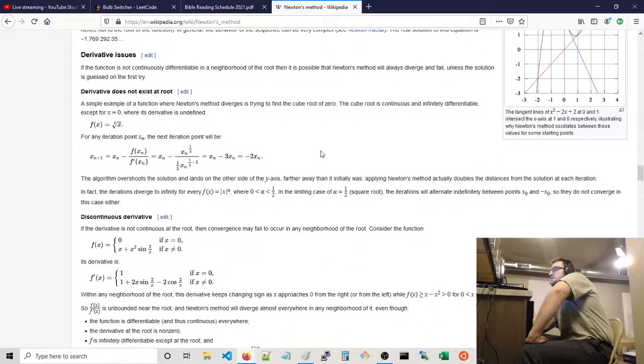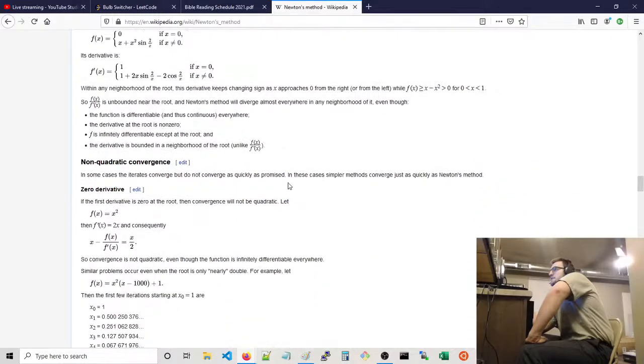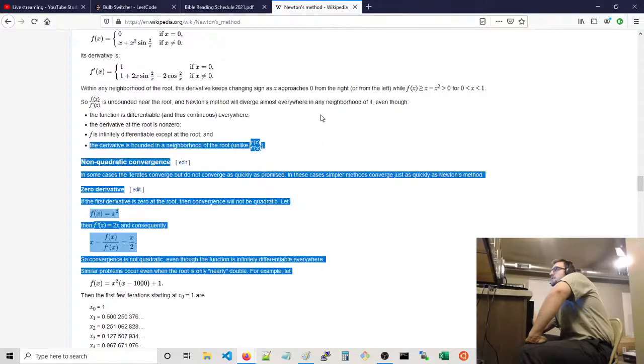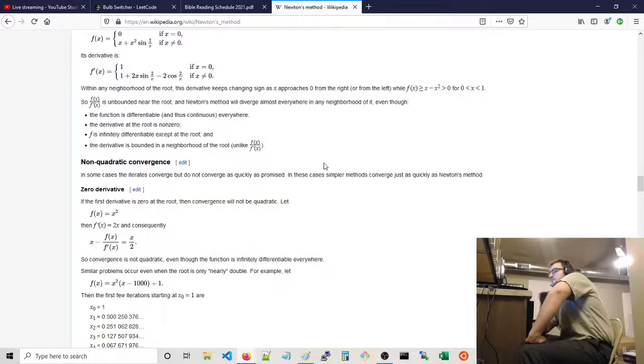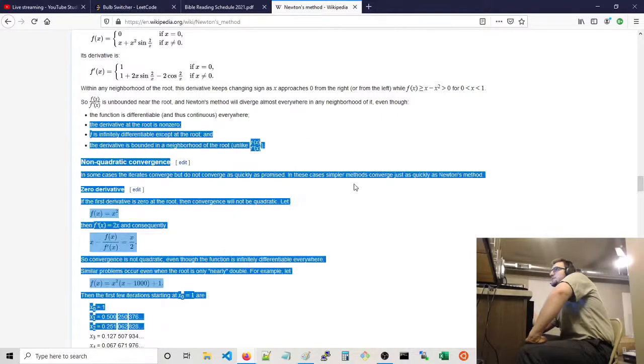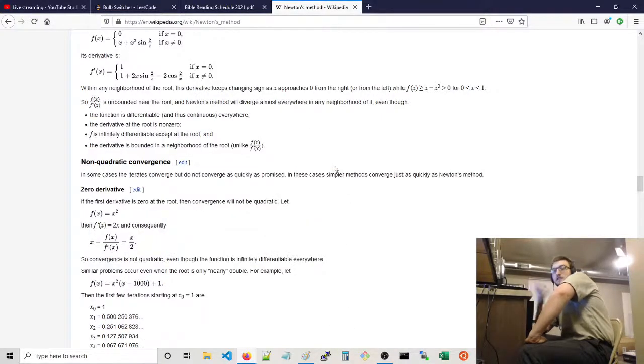Though you're not necessarily looking for roots when you're doing machine learning. Hill climbing is a little bit different: you're looking for minimums and maximums within a multi-dimensional function, literally like climbing up and down gradients on hills.